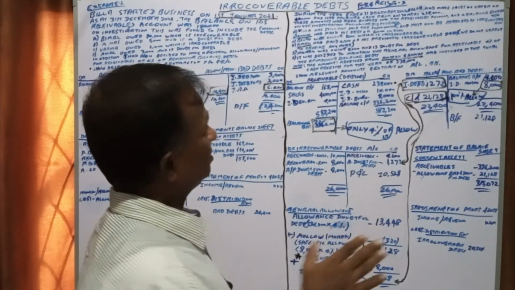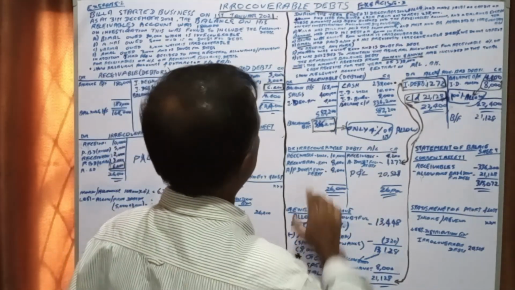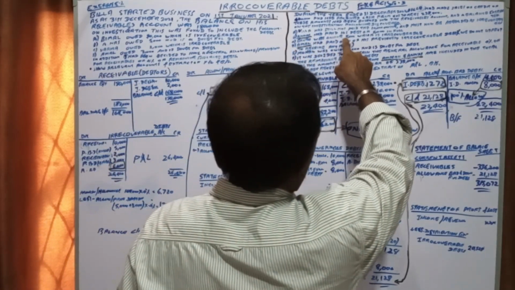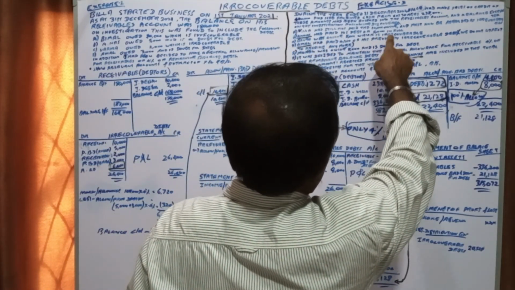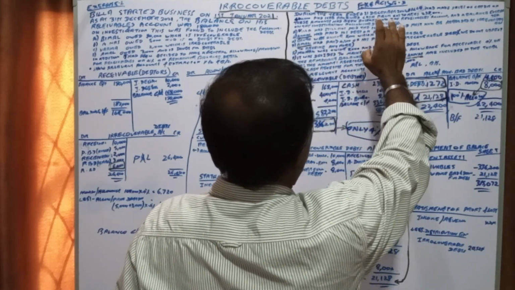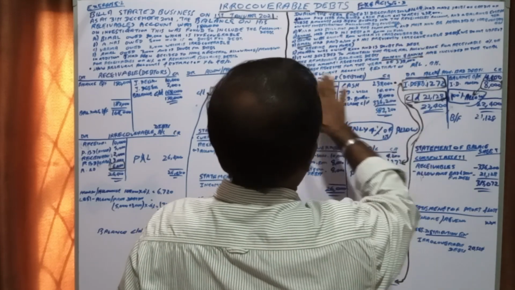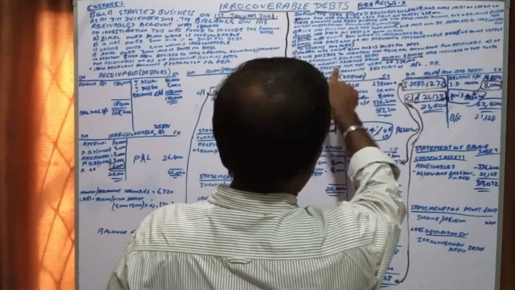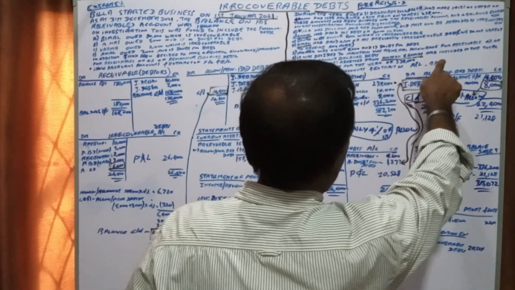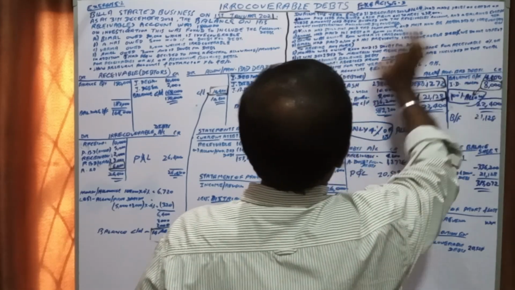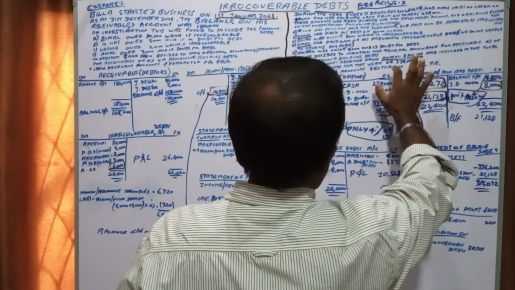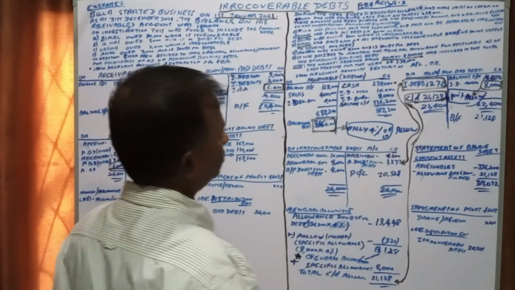And here the examiner is very tricky. Understand, Anas had paid his debt of 5,000 in full. Whereas the note says the amounts received from Aman and Anas are included in the total cash receipts for the year of 2,330.